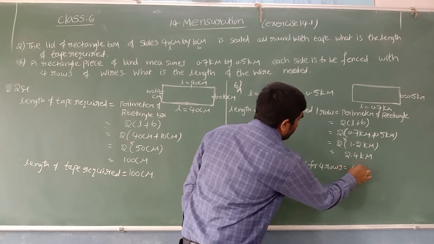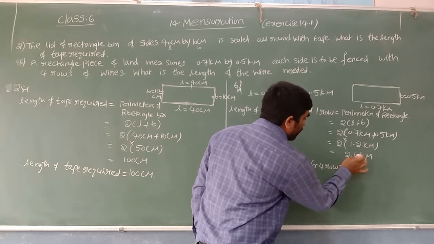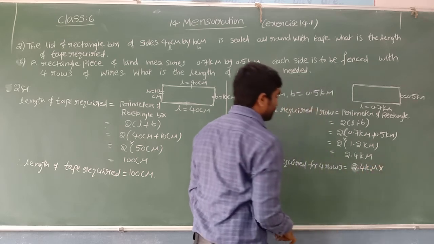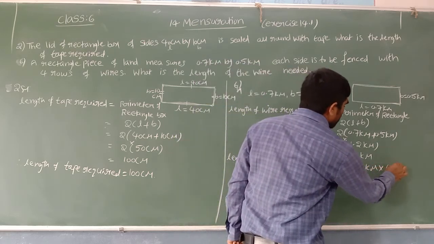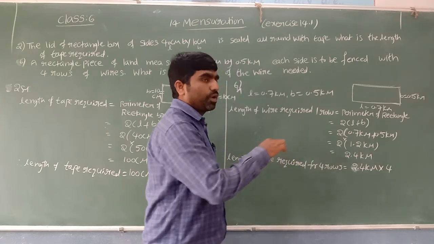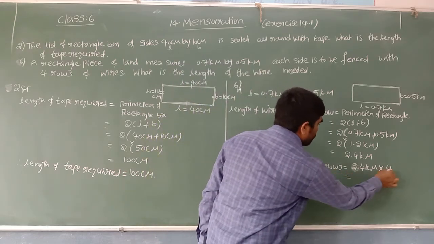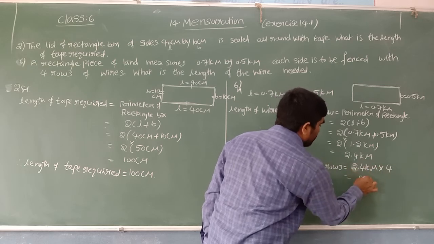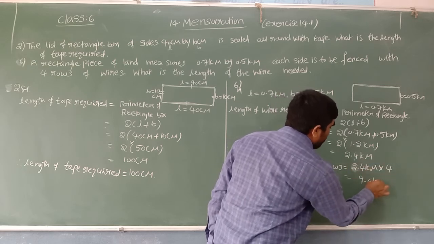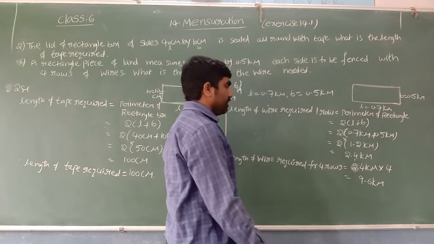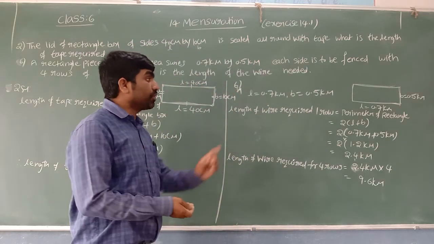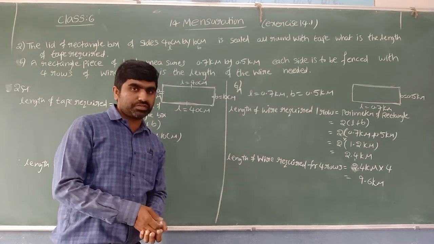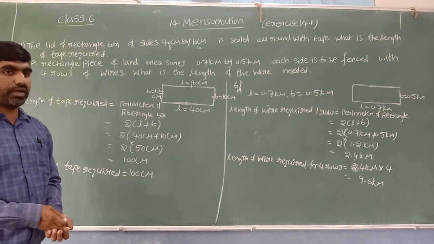To know that, we multiply the length of the wire required for one row, which is 2.4 kilometers, into 4, because we need to cover 4 rows. So 4 into 4 is 16, 4 twos are 8 plus 1 is 9, so it is 9.6 kilometers. This much wire is required to cover the total length of the boundary with 4 rows. Hope it is clear to everyone.